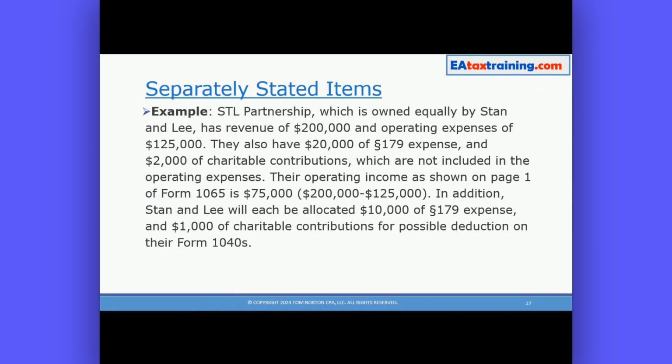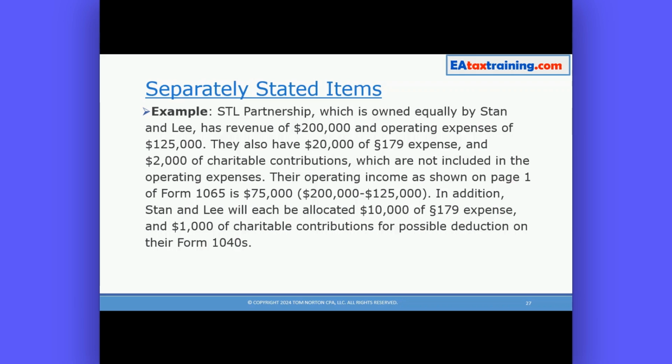But in addition, they are each going to be allocated $10,000 of Section 179 expense and $1,000 of charitable contributions for possible deductions on their Form 1040s. So each of their K1s is going to say $37,500 of business income from the partnership, because they get half of the $75,000.